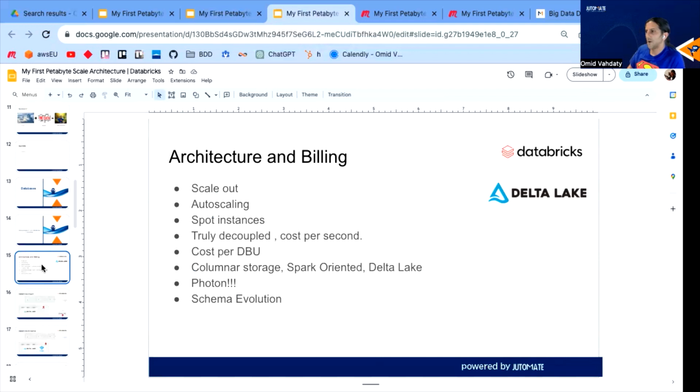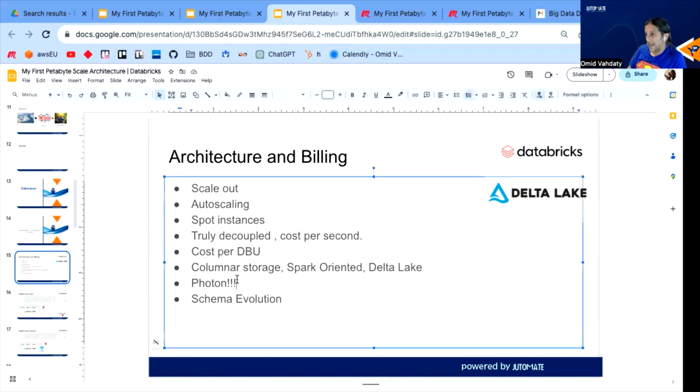It's mostly Spark oriented and has a very unique and nice storage format called Delta Lake. And it has a really nice feature called Photon, which is essentially a C++ acceleration to the same workload. Another useful feature is called schema evolution, that you can update your schemas.